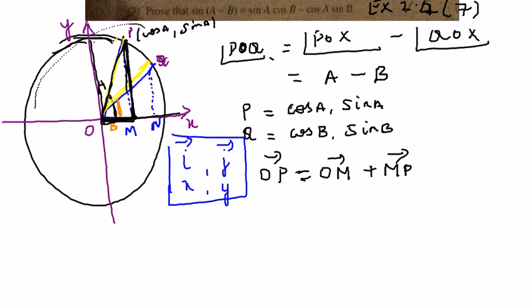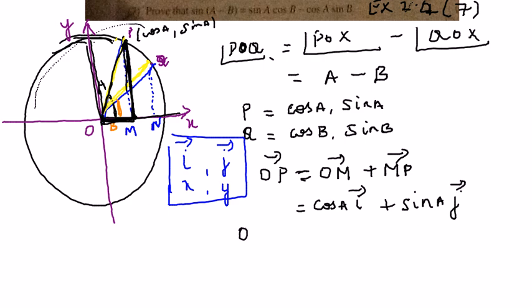OM is along the x-axis, so it can be written as cos A into i vector, because i vector is a unit vector along the x-axis, and MP is again parallel to the y-axis, so it is sin A into j vector.